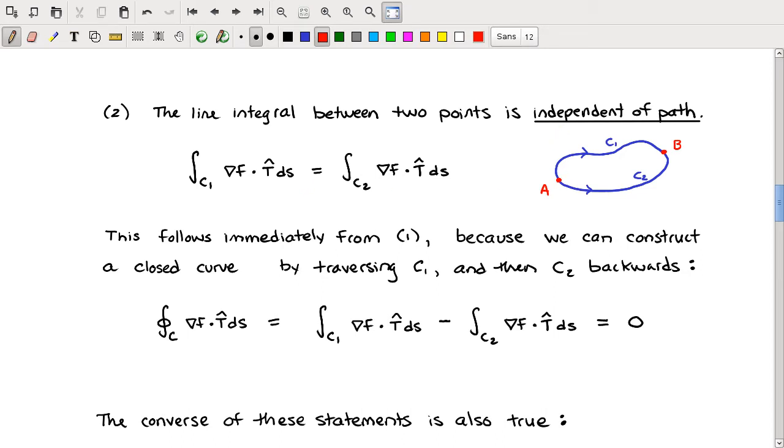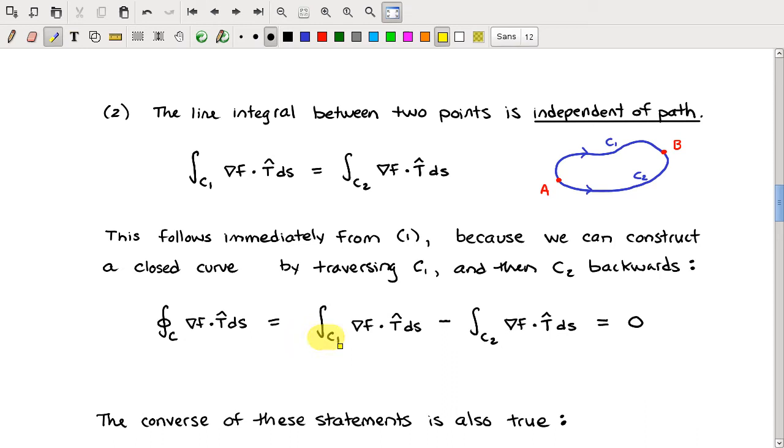Suppose I imagine computing the line integral along this curve C1, and I'll get some value, and I could imagine computing the line integral along C2, and I would get some value. But I could imagine doing the following. I could imagine first walking along C1 and computing my line integral, and then walking backwards along C2.